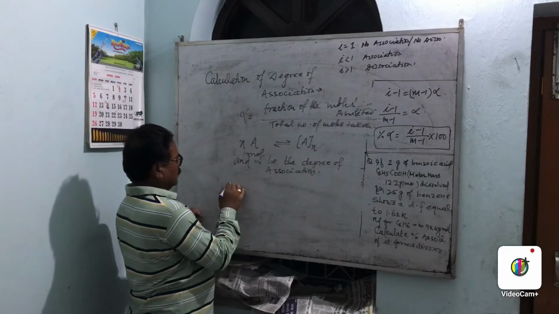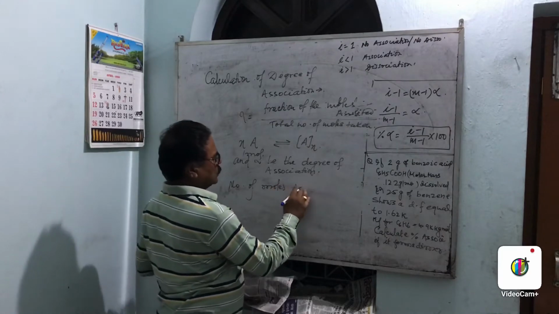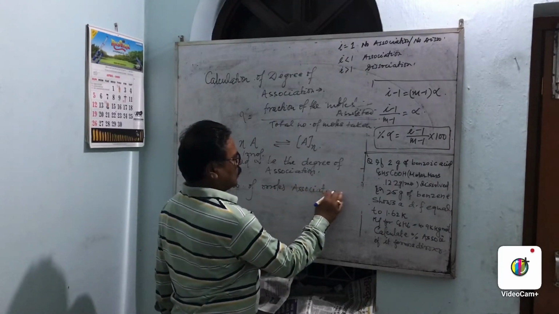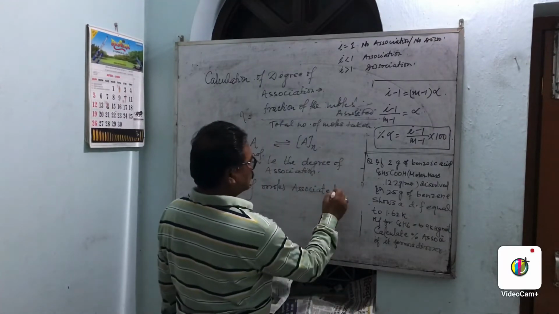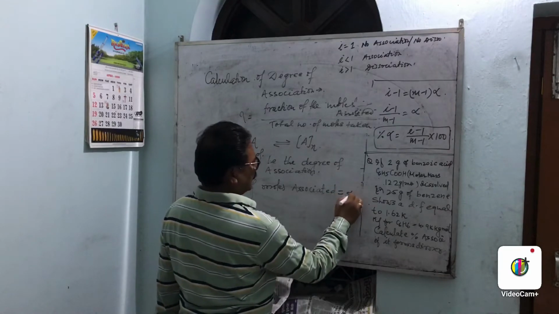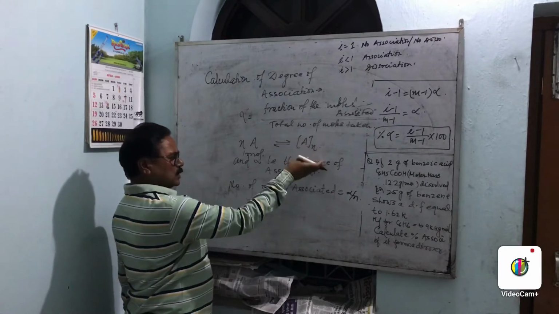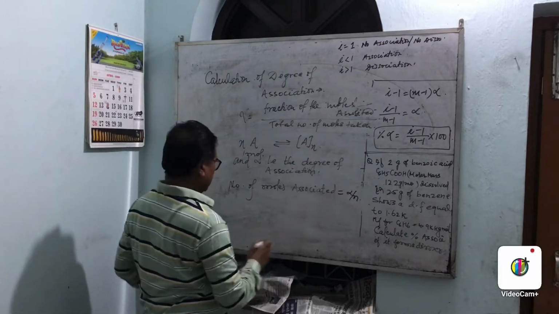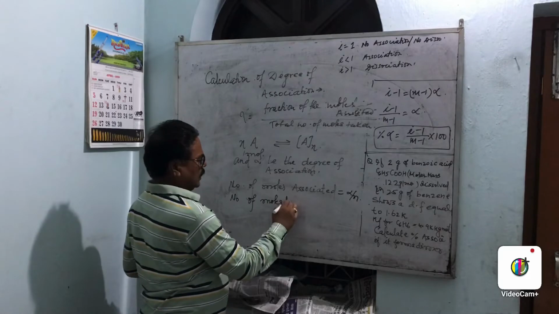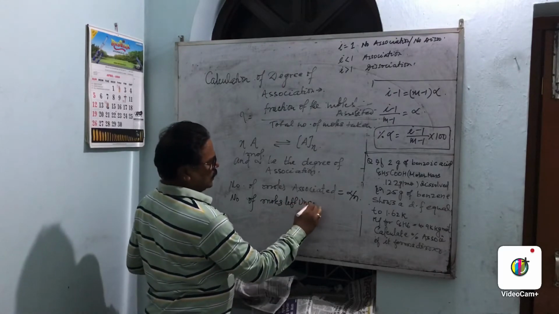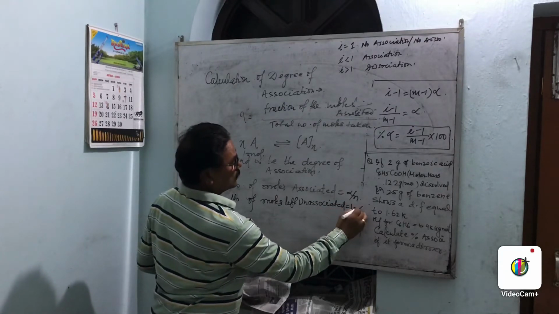then the number of moles associated is equal to alpha by n, because alpha is the degree of association and it associates to form n. Number of moles left unassociated is 1 minus alpha.